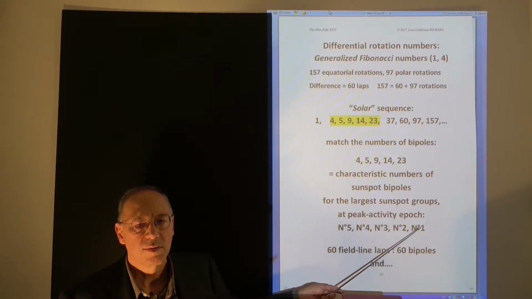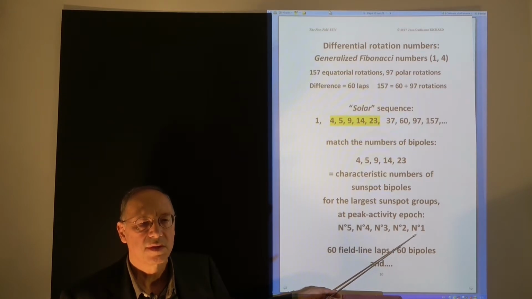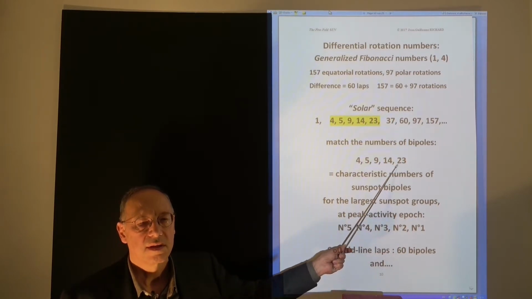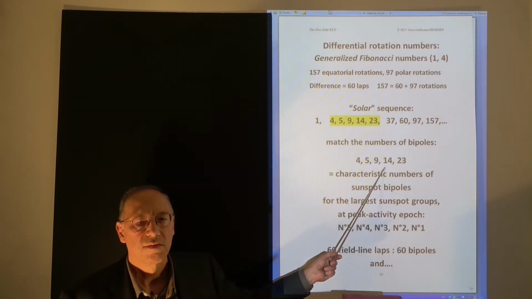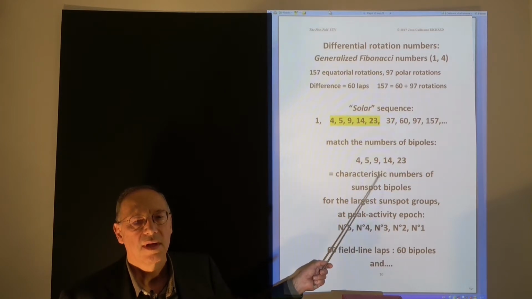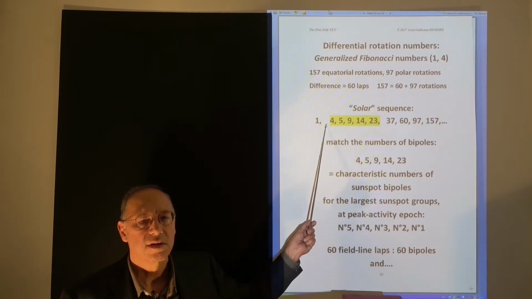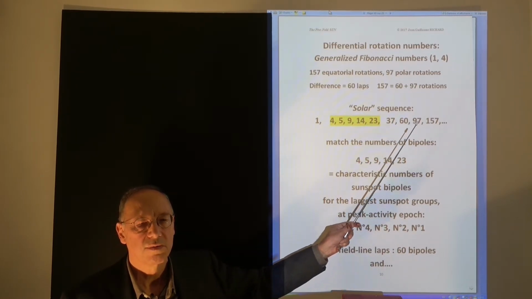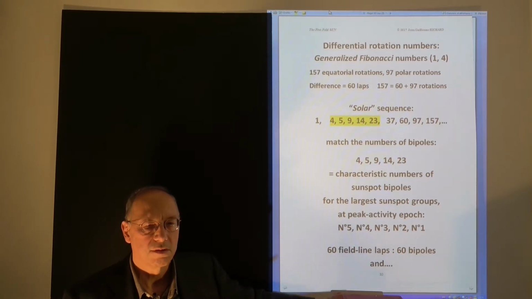If you count the numbers of bipoles in the largest sunspot group in terms of numbers of sunspots in it, the second largest, etc., to the fifth largest, you will find that their characteristic statistical counts are 23, 14, 9, 5, 4, and these are the consecutive integers here in the solar sequence, which are preceding those that we mentioned before, which are accumulated over the solar cycle in terms of field winding laps.